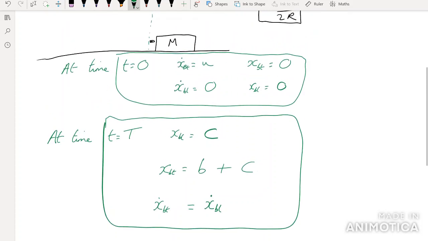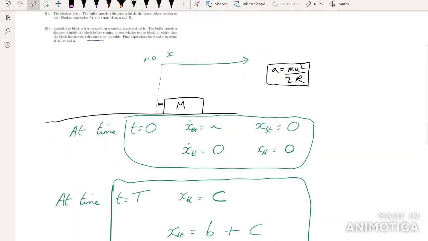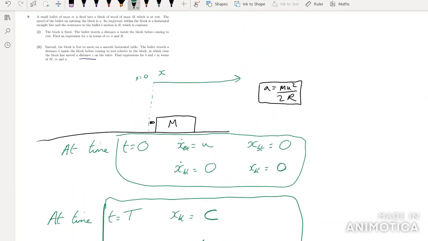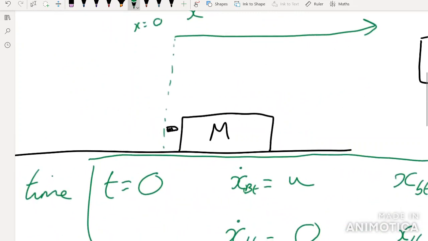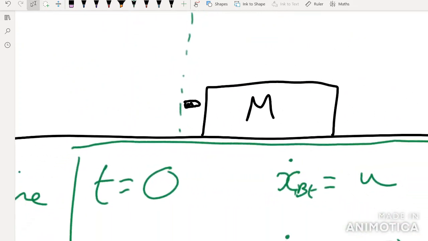Okay, we've written all that down, still not necessarily clear what we're supposed to do. So now let's have a think about what else we know. Even though the situation with the block itself has changed, the situation with the bullet is very similar. We know that this bullet has still just got a resistance to motion r. It's just being forced backwards by r.